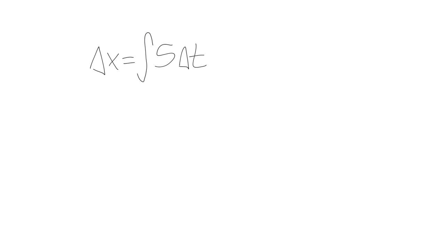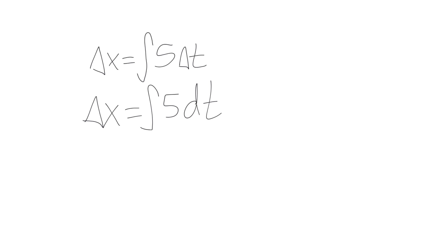But the delta t isn't the most accurate. Actually, what we should be writing is delta x equals the integral of 5 dt. Now, the lowercase d lets us know the instantaneous amount of change at that point.